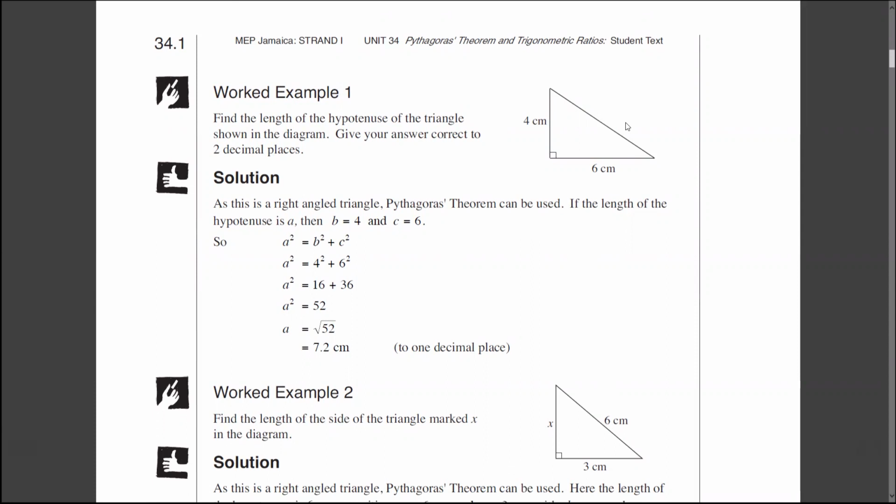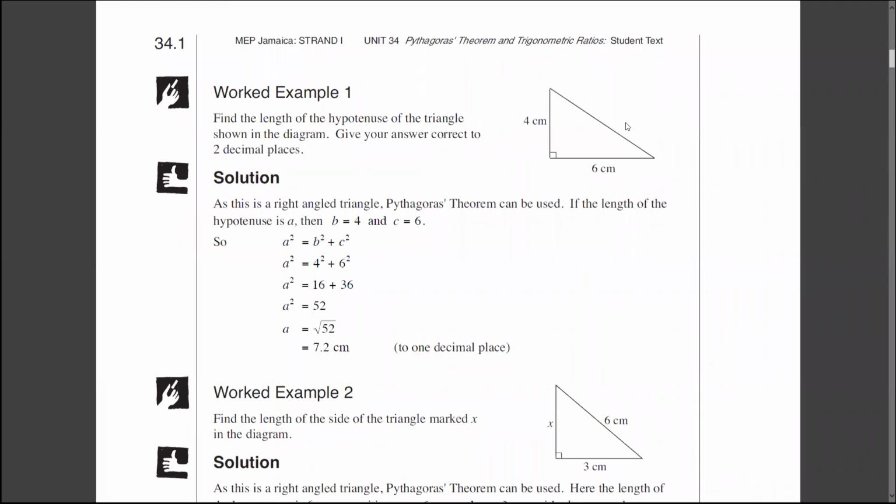All they're asking us to do is apply the trig formula: a squared equals b squared plus c squared. So all we have to do is substitute for the known sides and then find the unknown. With that, we should be able to easily solve for the unknown, right?